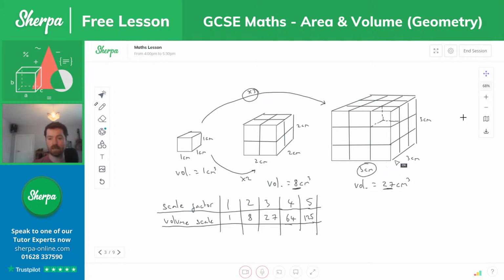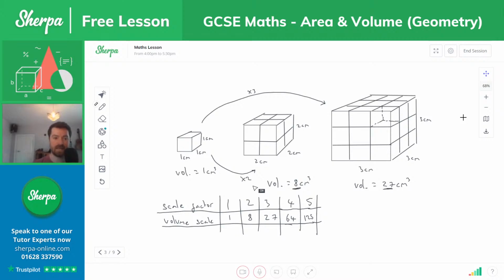That gives us a width and depth and a height of 3. We do 3 times 3 times 3 to get our volume. So that's why we end up with this series of cubic numbers. So that's a brief intro to how a linear scale factor will then impact our volume.